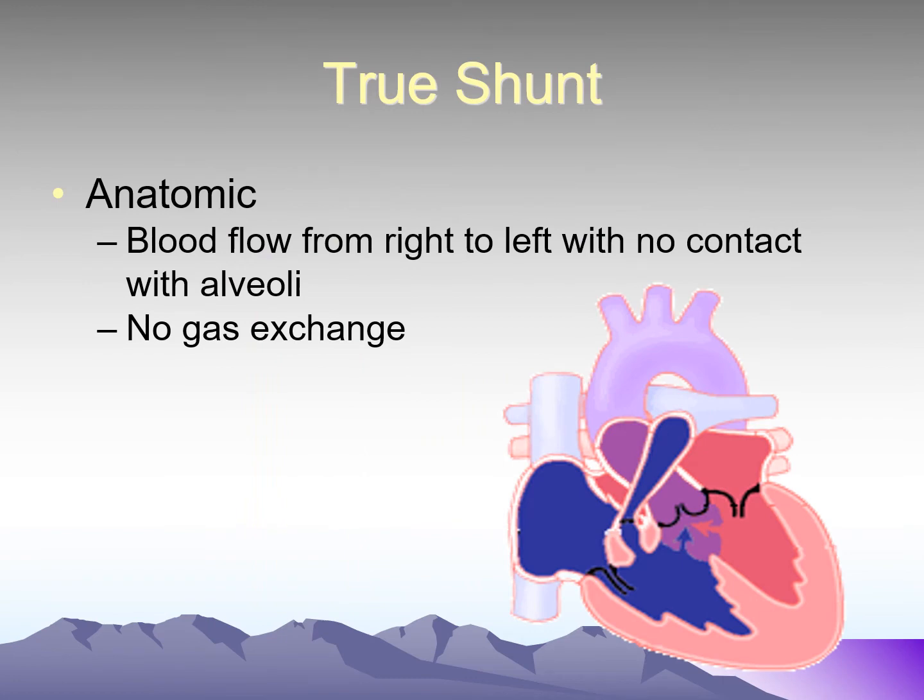Okay, so your anatomic shunt, basically look at that as kind of bypassing. There's no gas exchange going on. Blood flow from right to left with no contact with the alveoli. So things that can cause that can be congenital heart disease, septal defects, intrapulmonary fistula, vascular tumors.